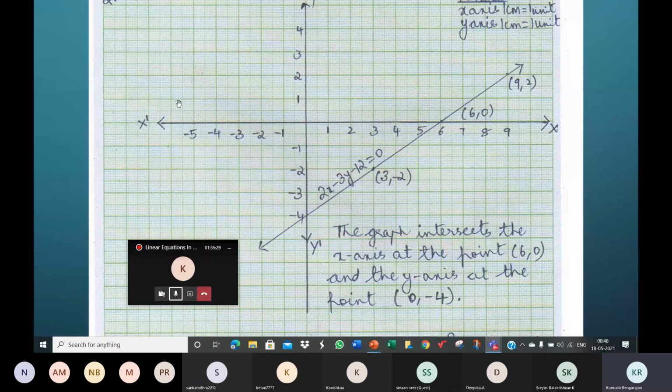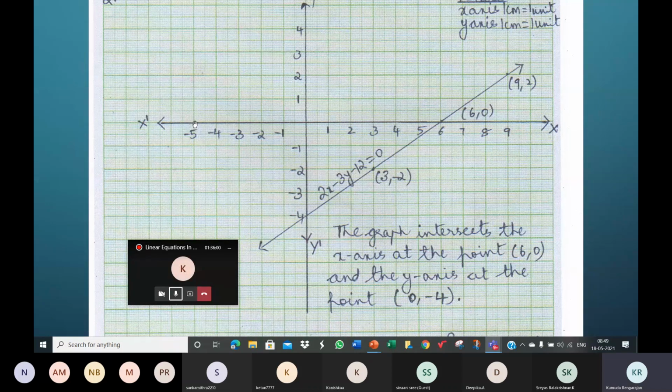okay, let's read some points on the x-axis. What is the address of this point on the x-axis? This point, this one. -5, 0.